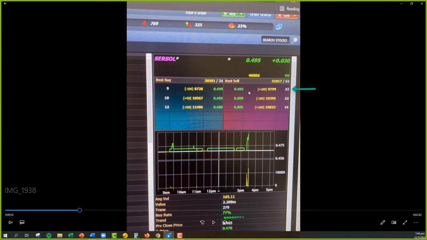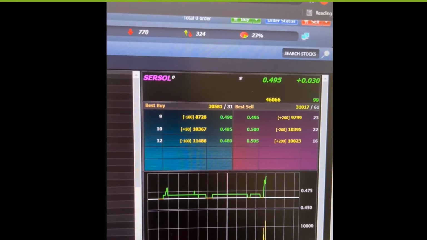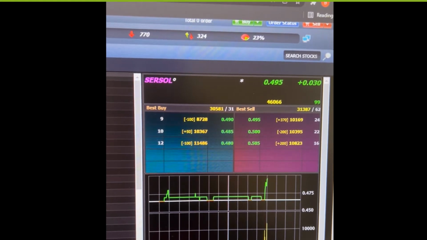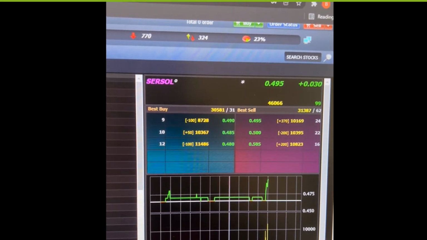I'd like you guys to see that the sellers keep on increasing and decreasing amongst 9,000 to 10,000 lots. Take a look at this current number, 9799, and see how it changes. You can see that right now the 9799 has changed up to 10,169.